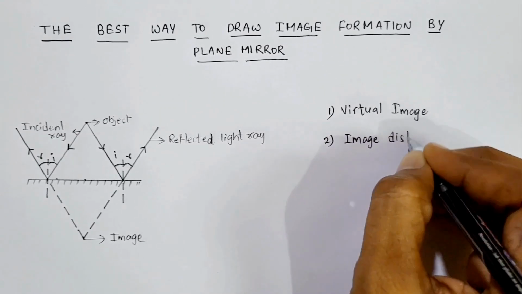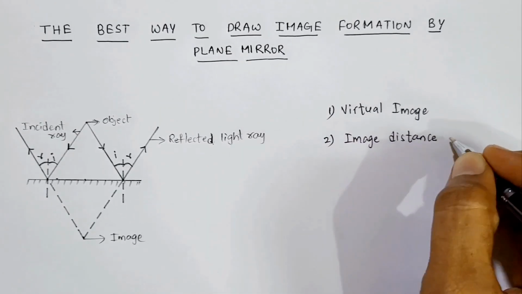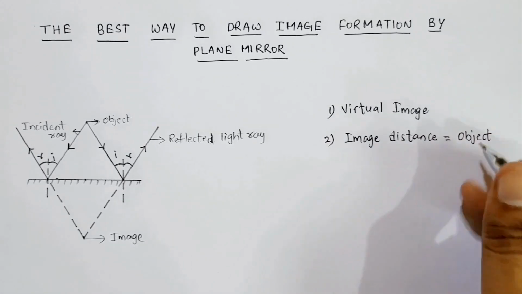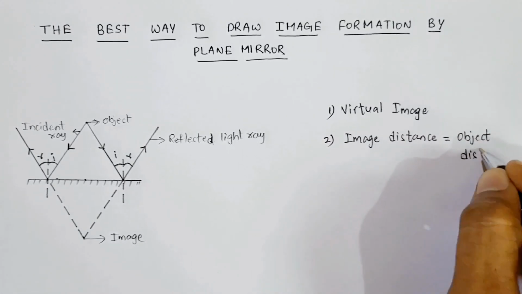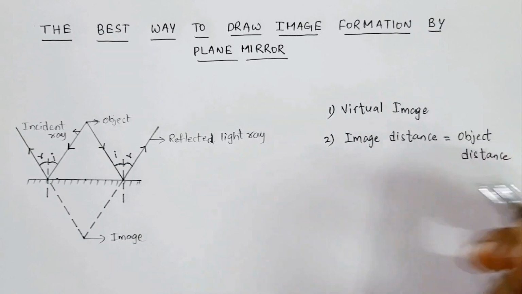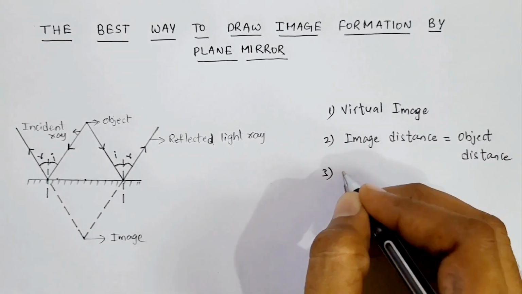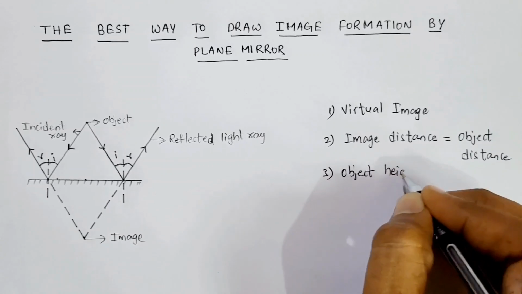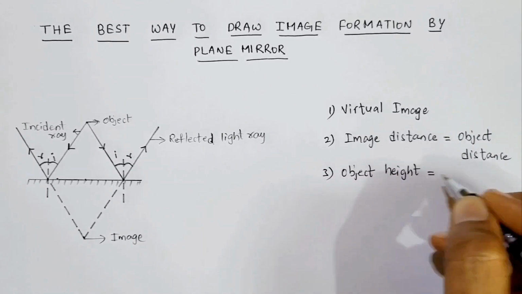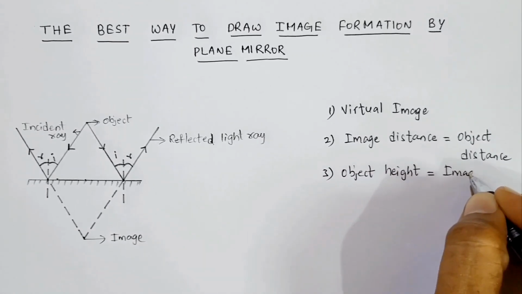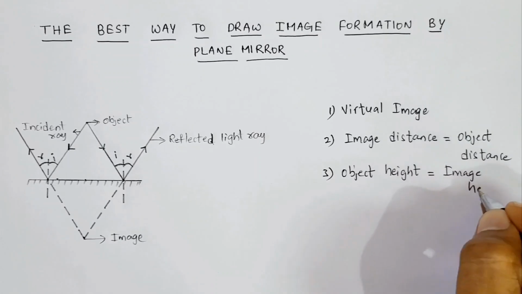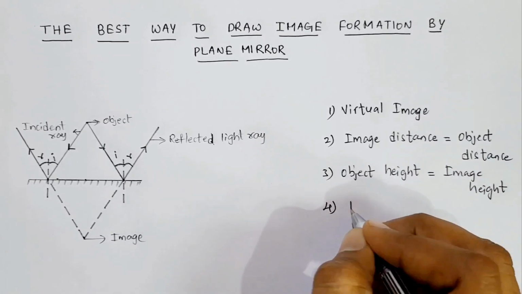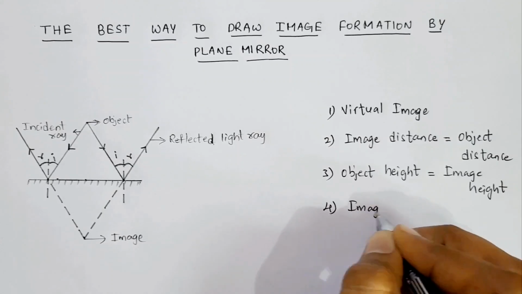Image distance is equal to object distance, and object height will be equal to image height. And the most important property: the image will be laterally inverted.